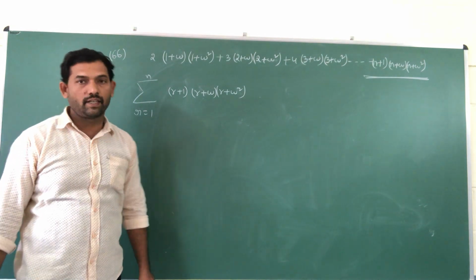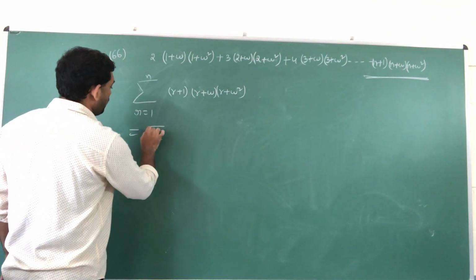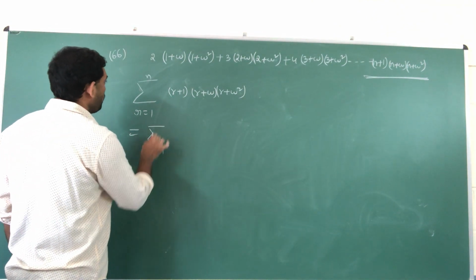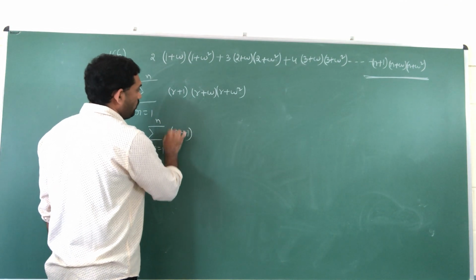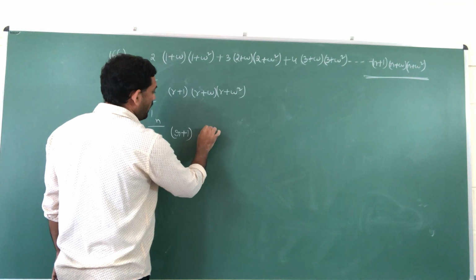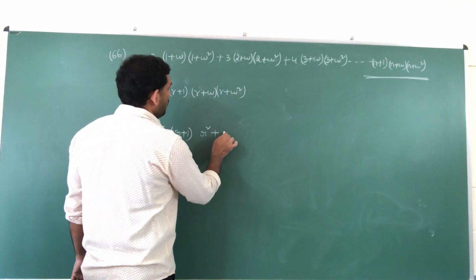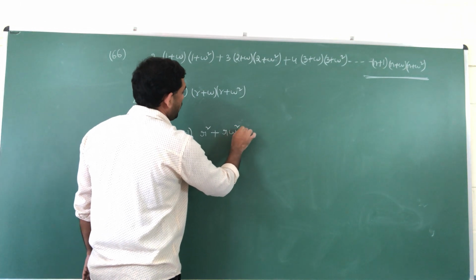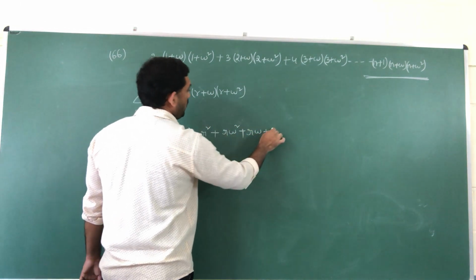This was taken. So now sigma r is equal to 1 to n, you multiply the first two and second two values. So r into r square, next one plus r omega square, r omega plus omega cube.